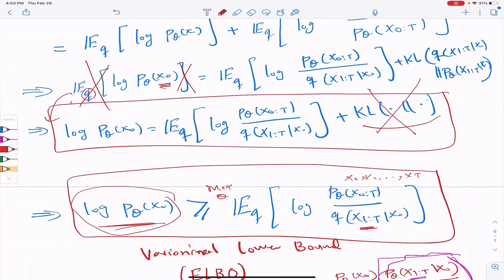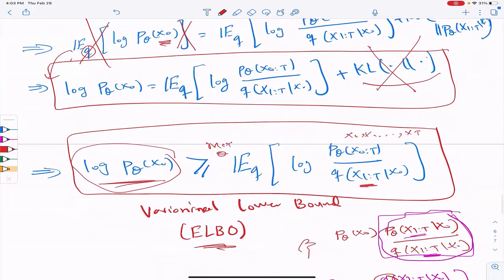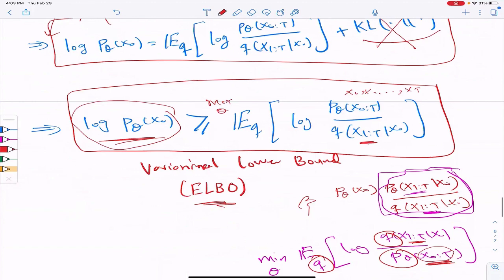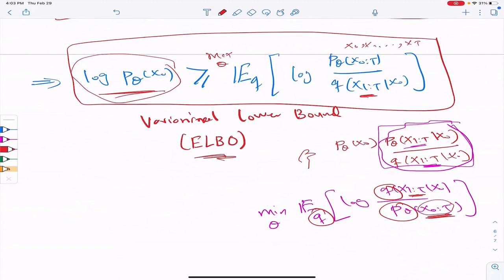Yes. Why isn't it exactly KL? Which part? The very last part. Okay, let's think about it. So what is q? q is a joint distribution over x1 to t, right?